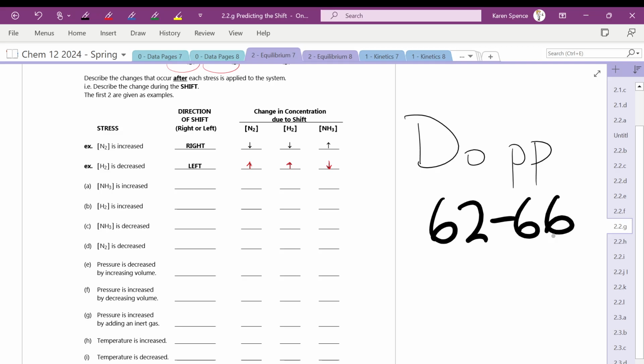Wait, why did I... So it's left. Well, you may shift towards the side. Yeah, because we increase the pressure, right? That's right. Oh, we're decreasing the pressure.